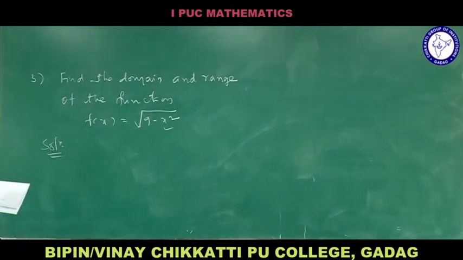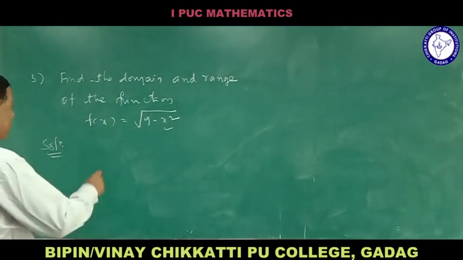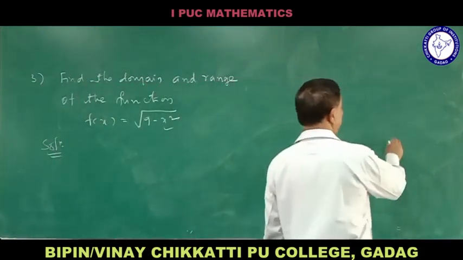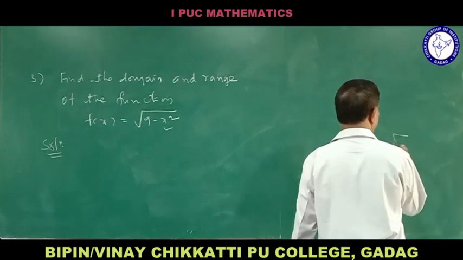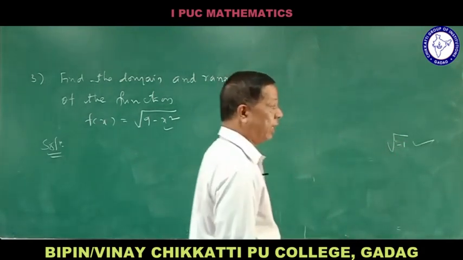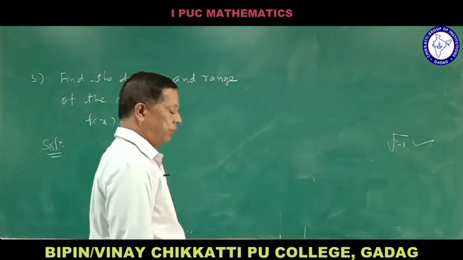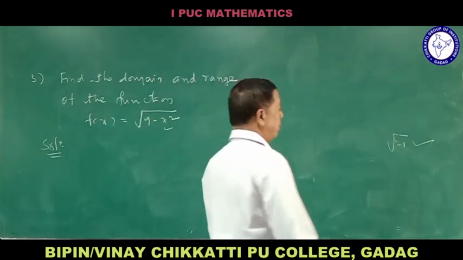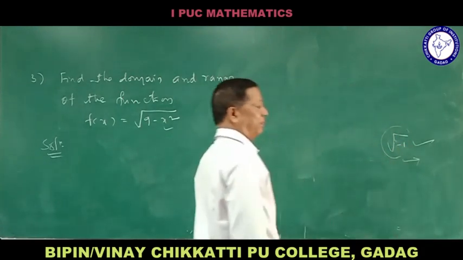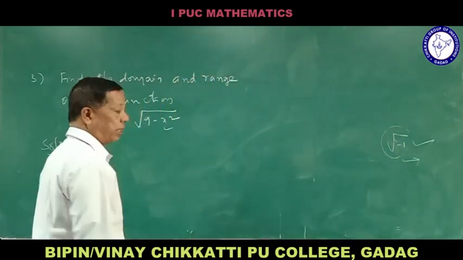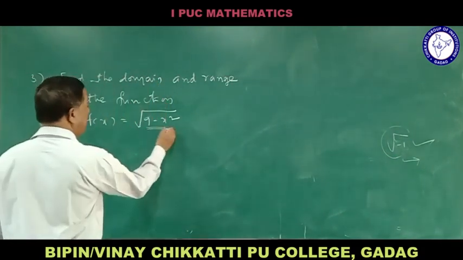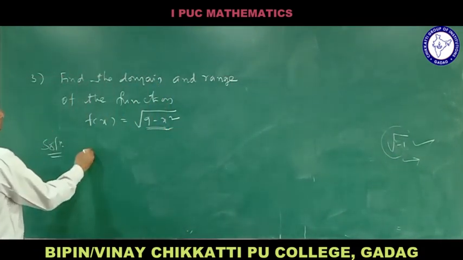So try to understand, in general, the square root of a negative number cannot be defined. Once again, the square root of a negative number cannot be defined. If a negative is inside, it would be a complex number. But we are discussing real valued functions. That is why this should be positive.